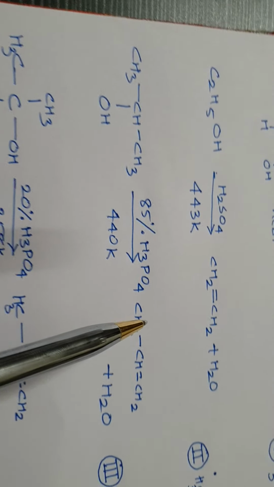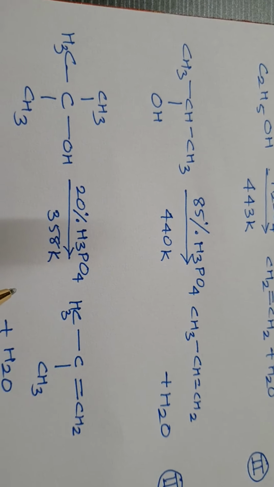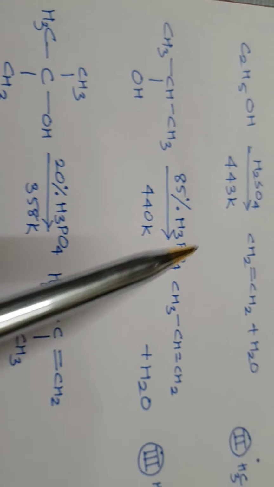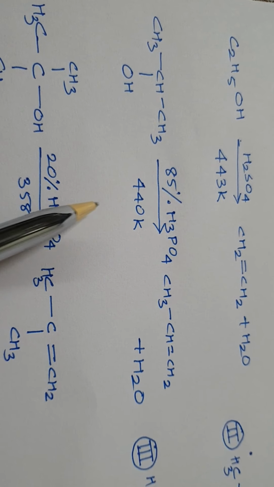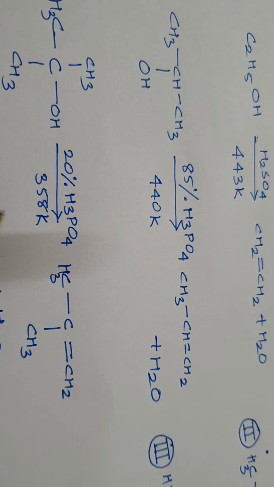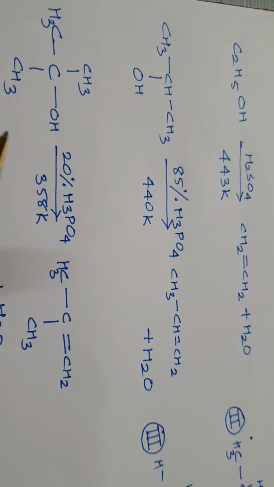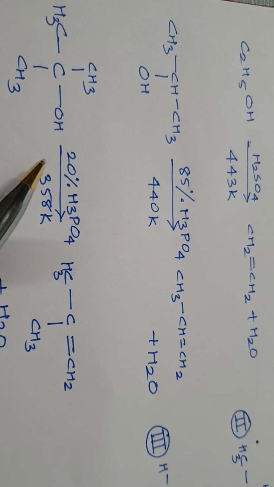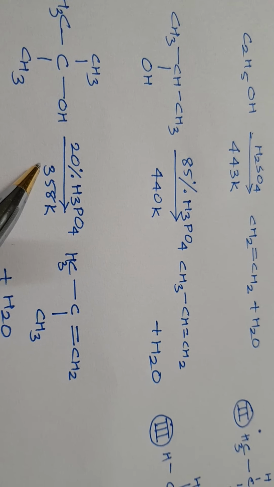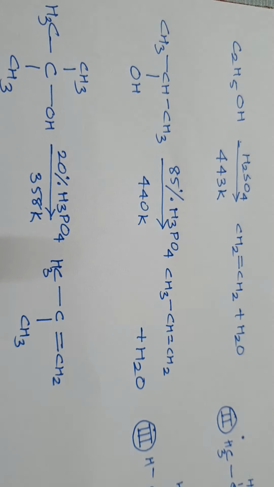Now we can understand over here that as we move on from a primary alcohol to that of a tertiary alcohol, the conditions required go on decreasing, or they are mild down. This is because the reactivity of a tertiary alcohol to undergo dehydration is more as compared to that of a primary alcohol.